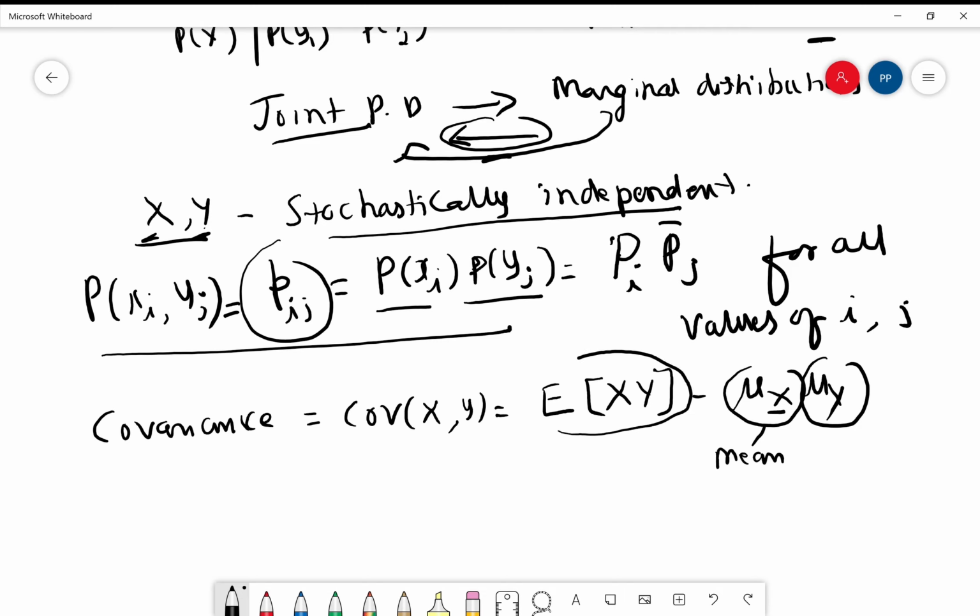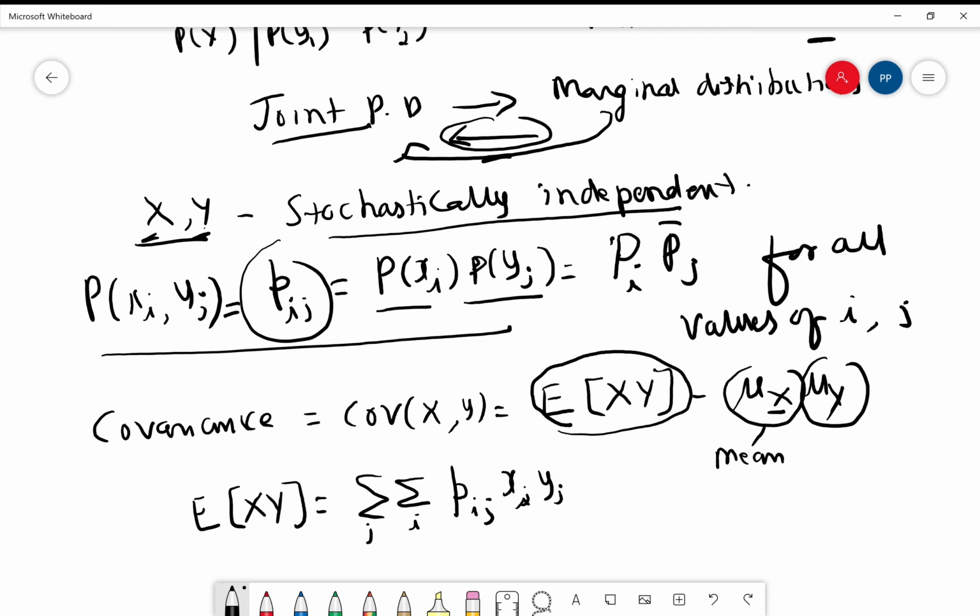E of xy is the expectation of xy in the joint probability distribution, and E of xy is nothing but the double summation over i and j of xi yj times Pij. So this double summation gives you E of xy.